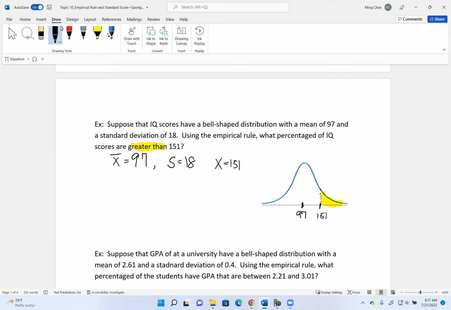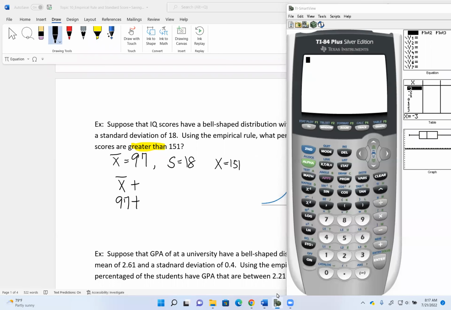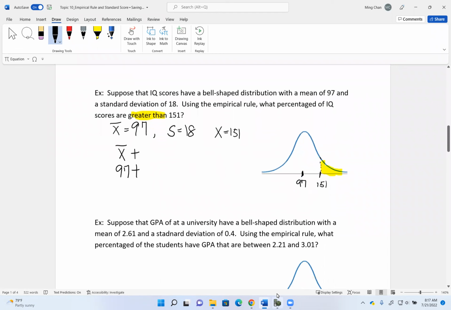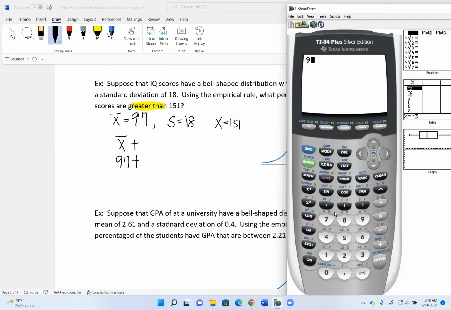So 151 is how many standard deviations away? Well, let's see, X bar, 97, plus the standard deviation. I'm going to the right, so I will add. 97 plus the standard deviation 18 one time, 115, is one standard deviation to the right.